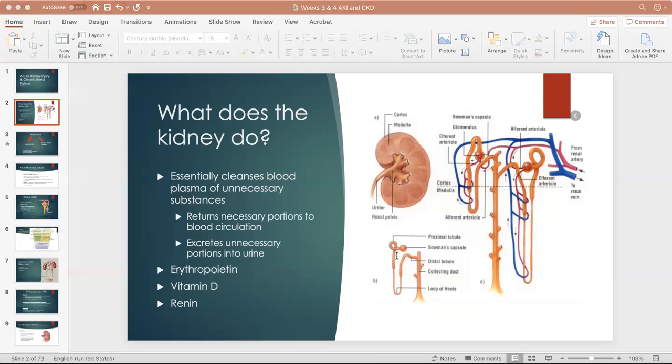And so things like hydrogen ions, creatinine, those are being continually filtered out of the capillaries into the tubules just throughout this process here. Okay, you don't need to know more than that.